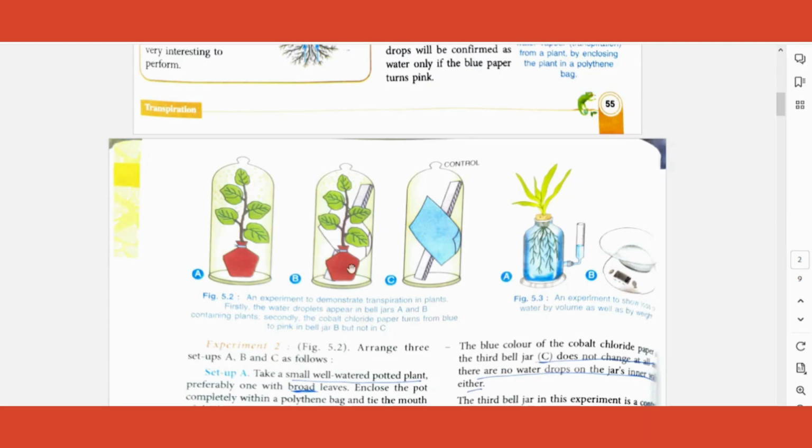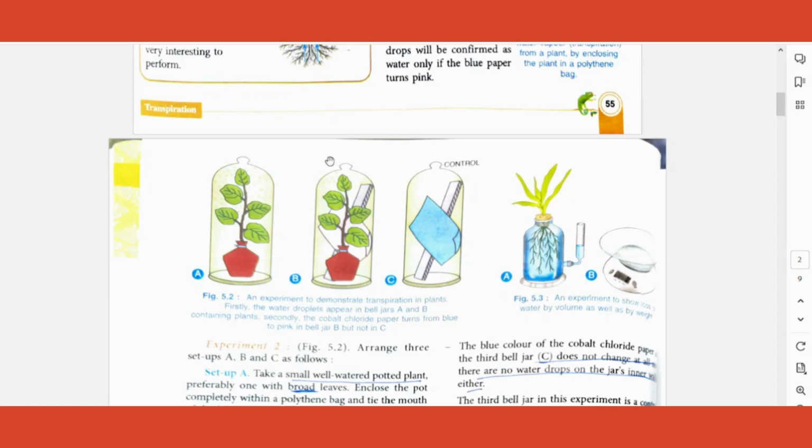Alright. Now what happens? What are we checking? After some time, 2 hours let's say, inside of the glass jar, you will see water vapor condensed. What is that water vapor condensed? Due to transpiration, water vapor has come out, evaporated from the leaf surface, and it has got stuck. Transpiration has occurred.